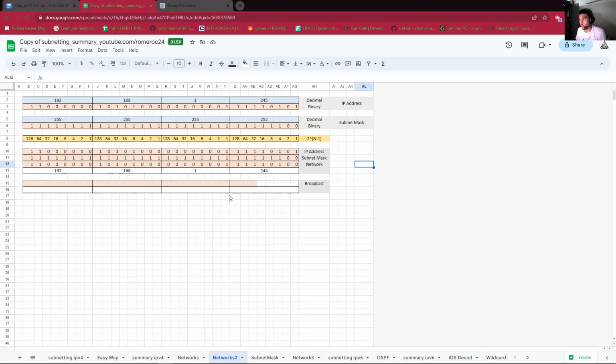Next, we need to find the broadcast address. Same as the top, anything that is multiplied with 1, we take it and put it right here. And for the rest of it, you just put 1. Then change it to decimal: 192.168.1, then 244.